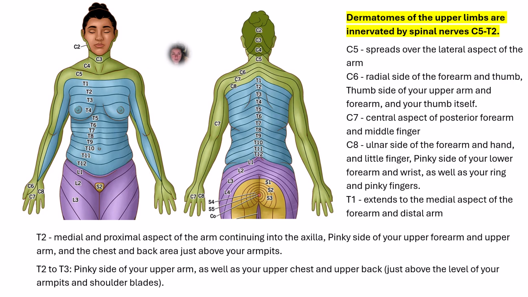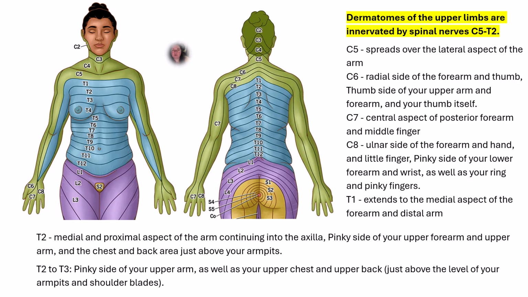T1, spinal nerve T1 extends to the medial aspect of the forearm and distal arm. T2 is the medial and proximal aspect of the arm, continuing into the axilla. What's the axilla? That's our armpit. So pinky side of your upper forearm and upper arm, and the chest and back area just above your armpit.